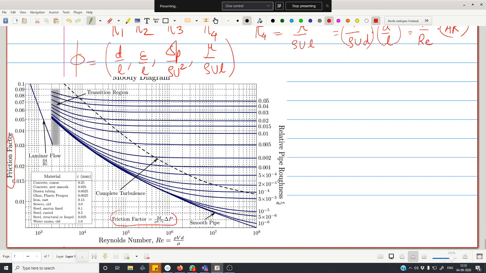The definition of friction factor is 2d delta p upon rho v square L. In terms of our pi terms, what is plotted on the y-axis? It is nothing but pi 3 multiplied by pi 1. Do you agree? I think you really have to squint hard to see this particular expression.